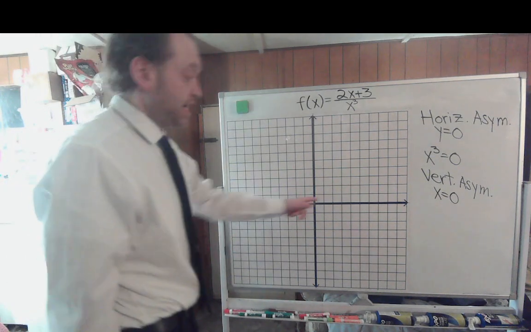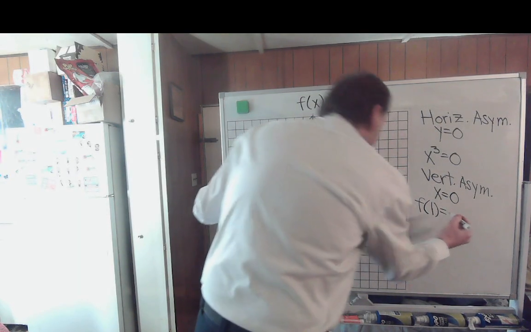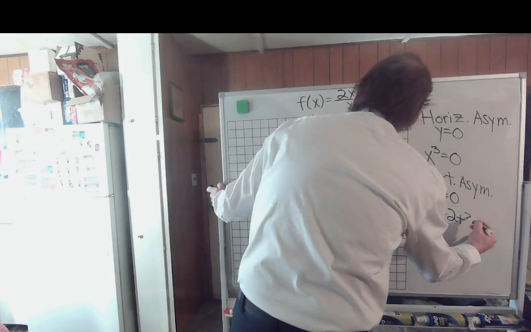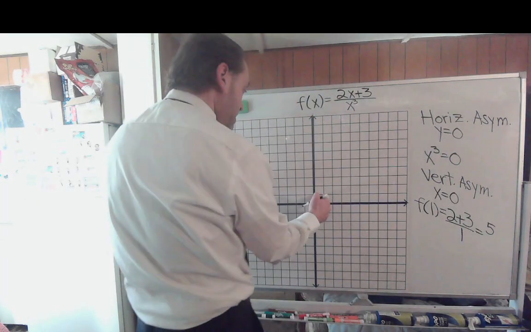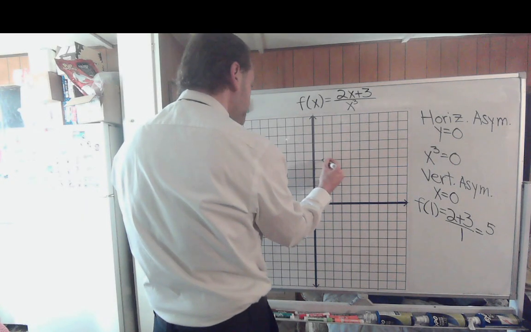So let's pick x equals 1. So f of 1, that's going to end up then giving you 2 plus 3 over 1, which would just be 5. So at 1, we're all the way up to a y value of 5. All right.